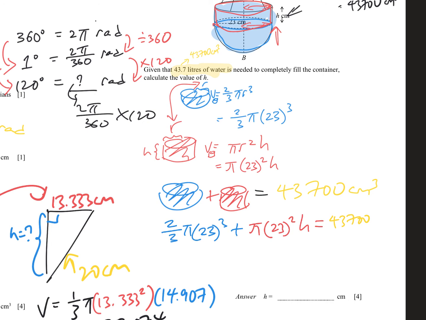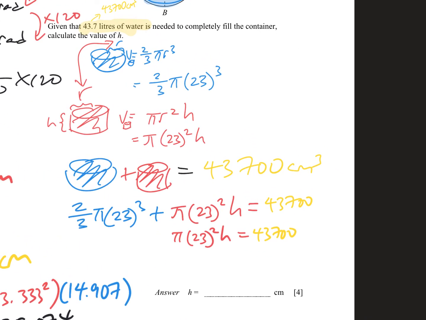So that gives me pi 23 square h equals to 43700 minus 2 over 3 pi 23 cube.